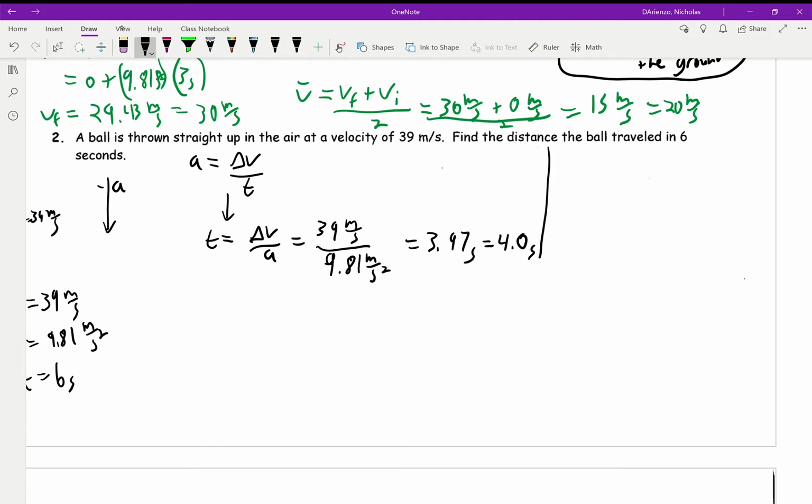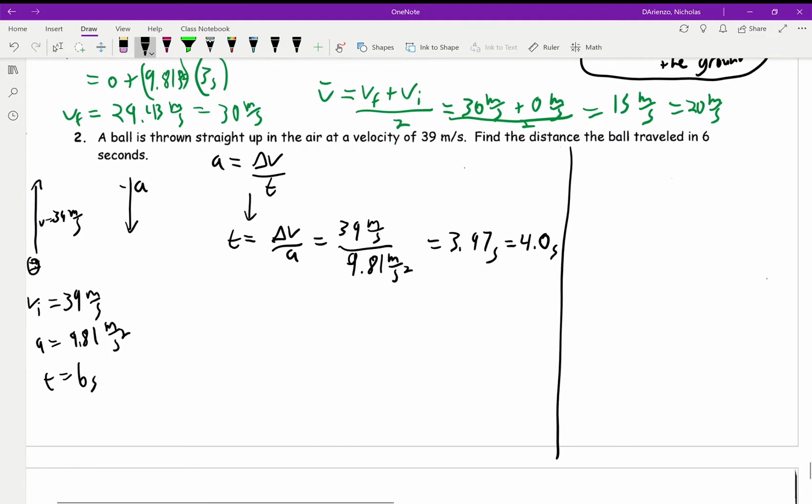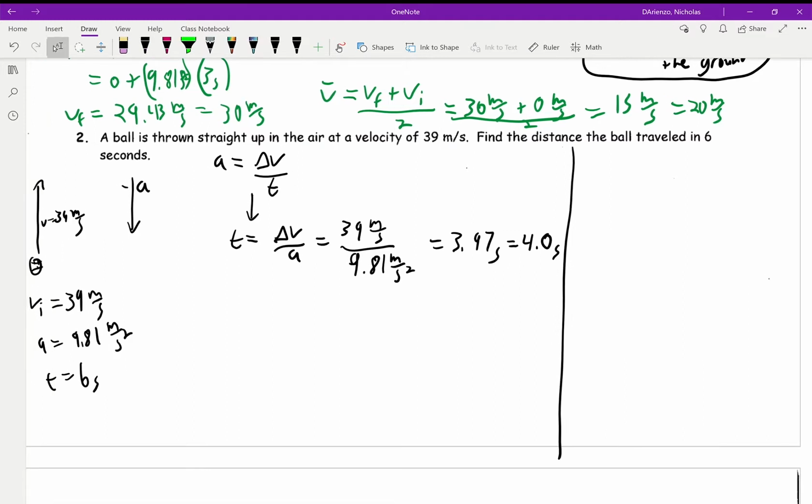So we're going to have two different things here. Of that 6 seconds, it's going to take 4 seconds for that ball to reach the top of its trajectory before it starts falling back down. So this ball is going to go up, and then it's going to start falling back down.